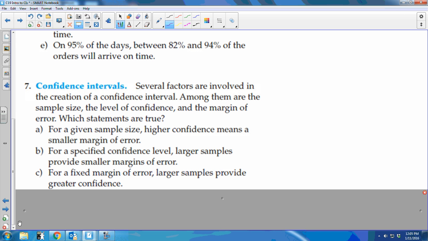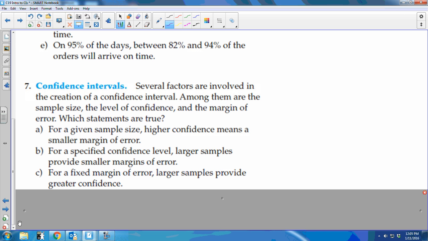As your sample size increases, you're getting closer to the population size, as fractional as that may be. The larger your sample size gets, the closer you get to the population. So you're getting closer to P. Should be, right? So that means your standard deviation is getting smaller. So if your standard deviation is getting smaller, that means your margin of error is getting smaller. Because the margin of error is based on the standard error, or the standard deviation. Right? So that is true.